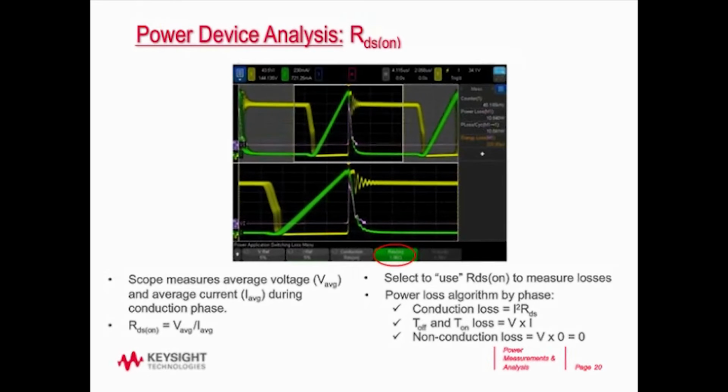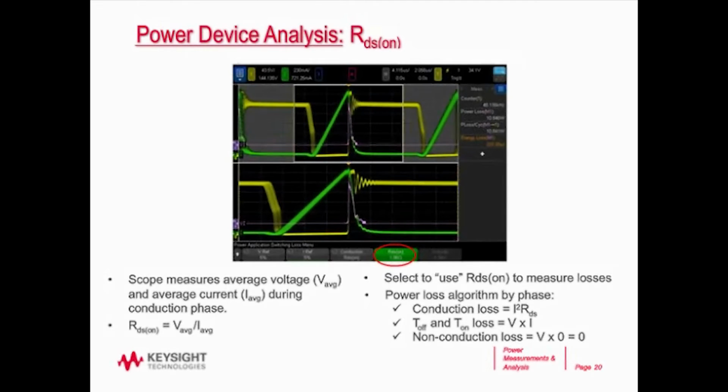Now, if you look at the last bullet there, the one on the lower right, it actually computes the power differently in each phase of switching. And again, I think all scopes from our competitors do the same thing if you use the RDS factor. During the conduction phase, it's simply I squared times RDS.